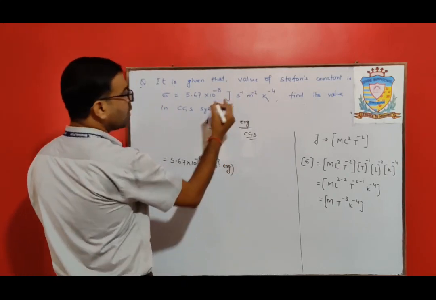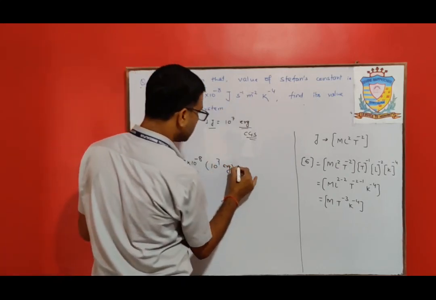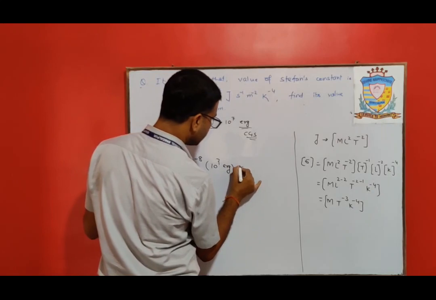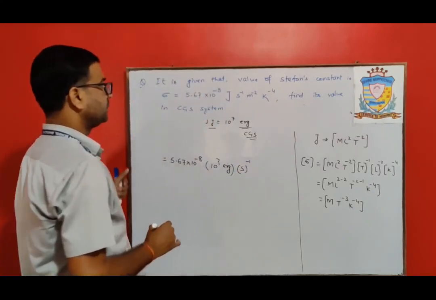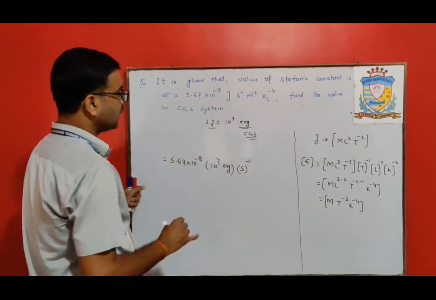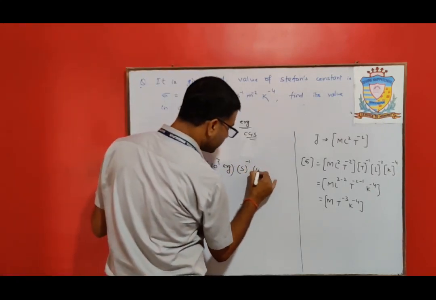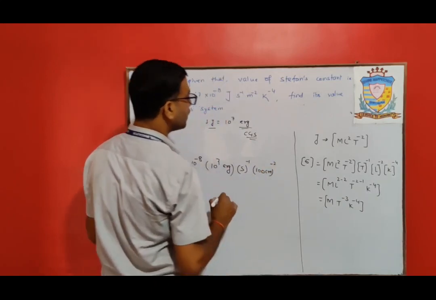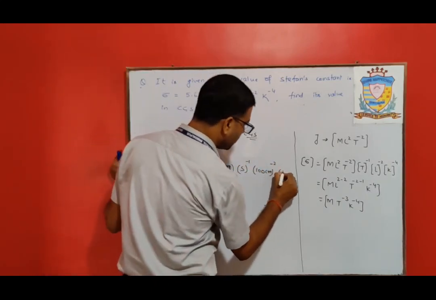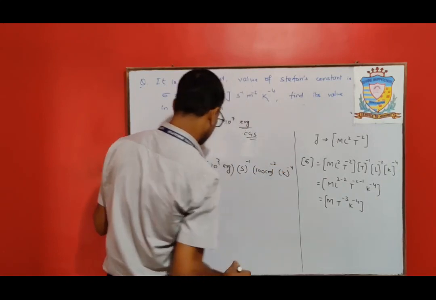Clear? For second, it will remain the same, so second minus 1. Meter: 1 meter is equal to 100 centimeter, so 100 centimeter whole to the power minus 2, and Kelvin will remain as it is, so minus 4.